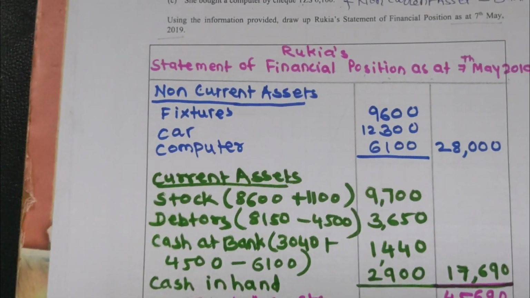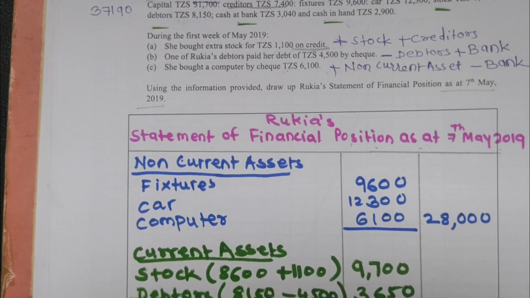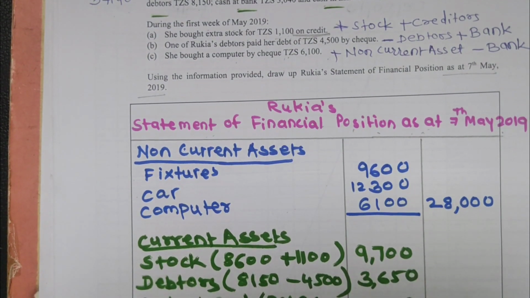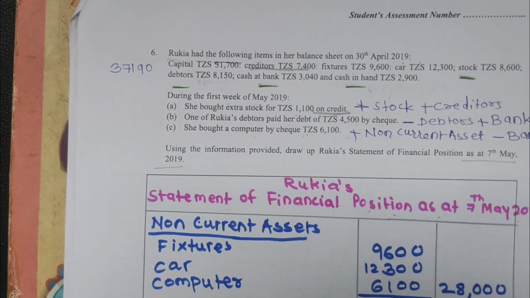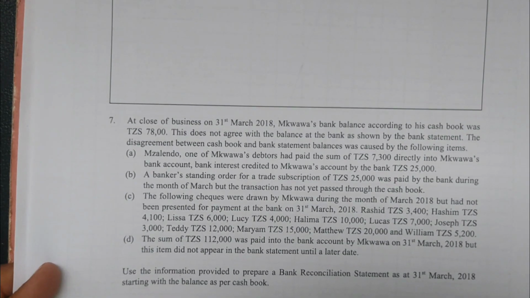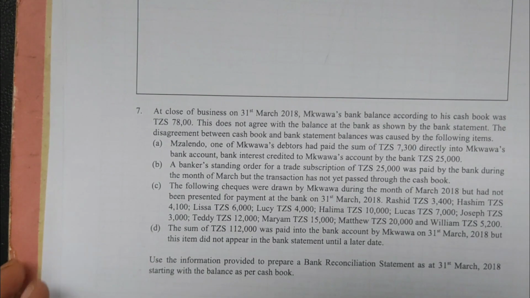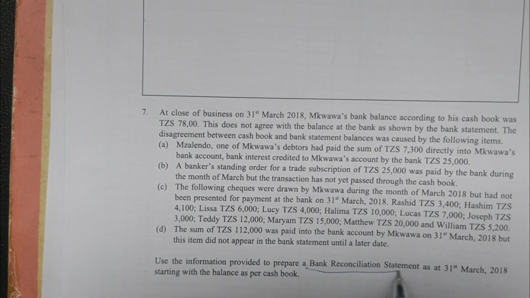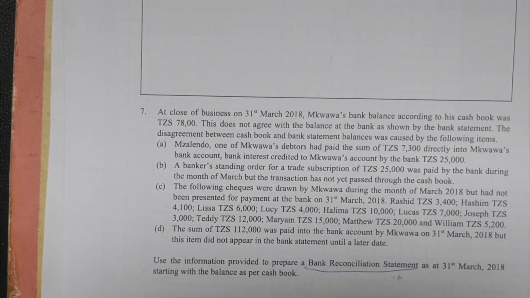What is new in this question is these 3 extra adjustments. Now after this, the last question is question number 7. In this question is BRS, bank reconciliation statement. So let's prepare.